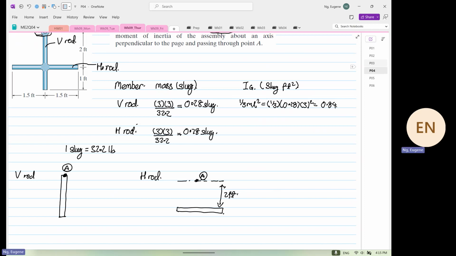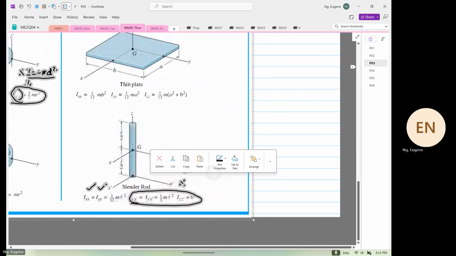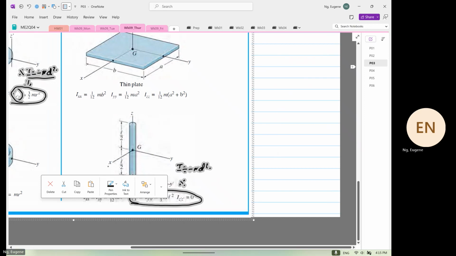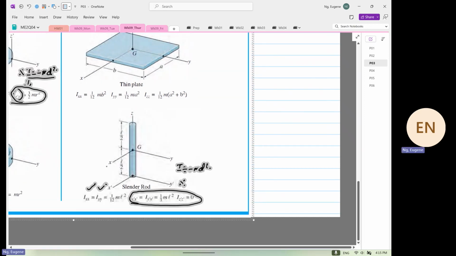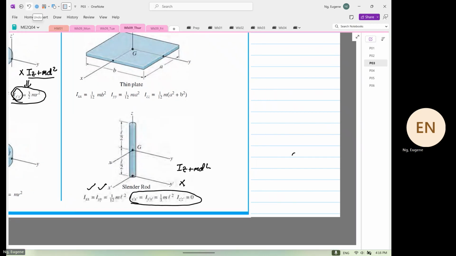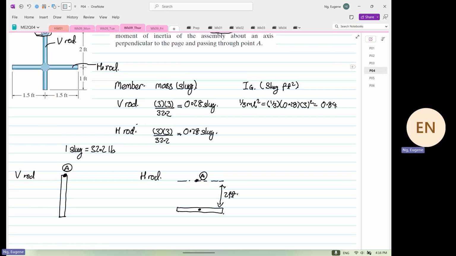When that's the case, we know how to get IG for the horizontal rod. We go to the previous page again. Now we have to use IXX. IXX is 1/12 ml squared, so this is equal to 1/12.